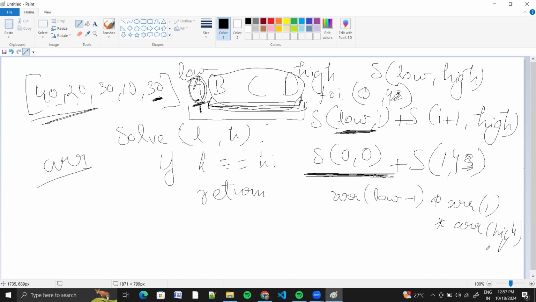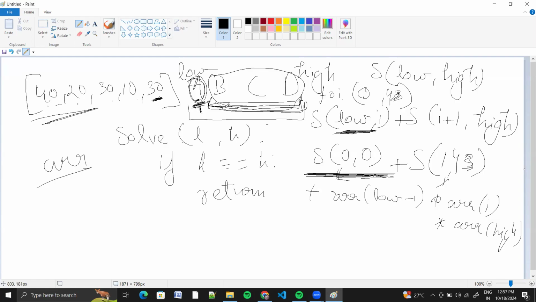That's how we do it. Basically we take one matrix, multiply the other matrix, and then add the cost of multiplying the two results which we have got. That's how we work.